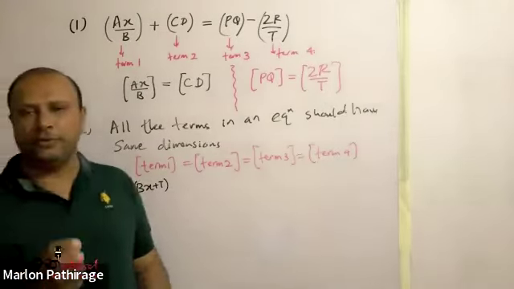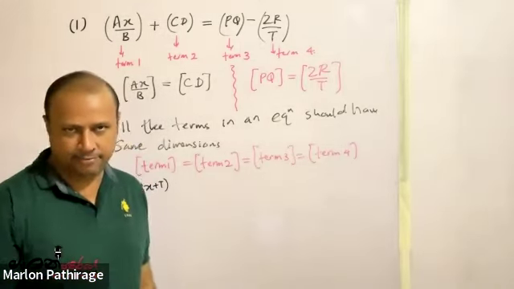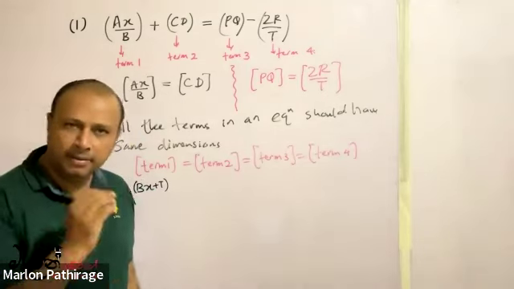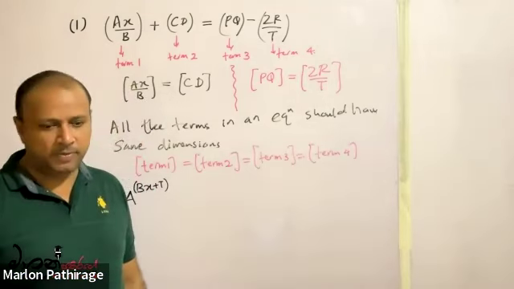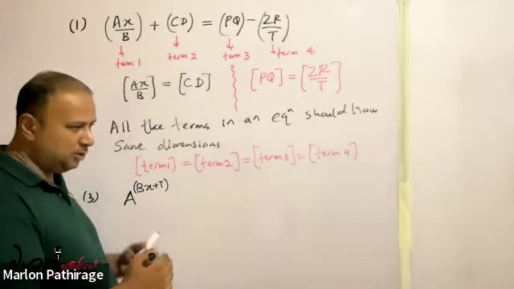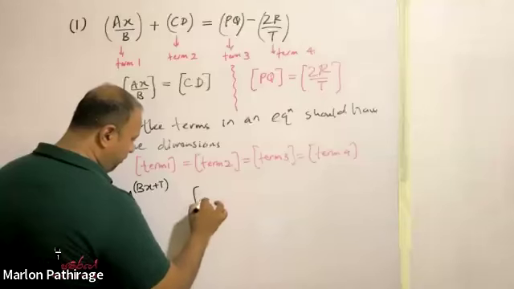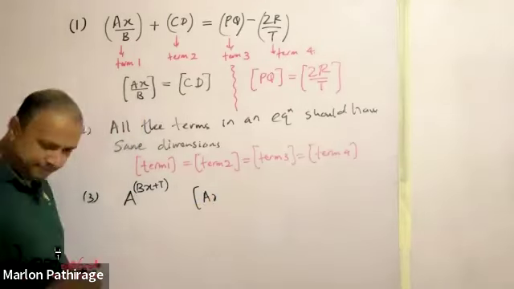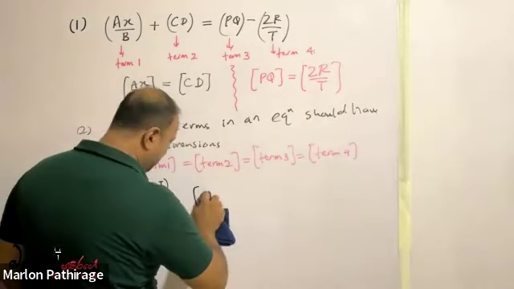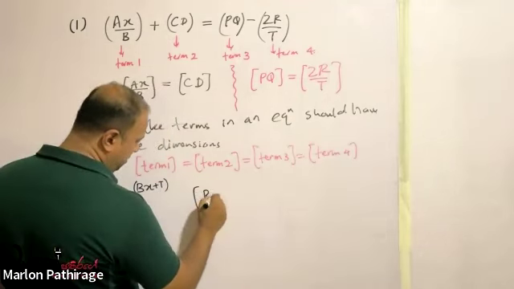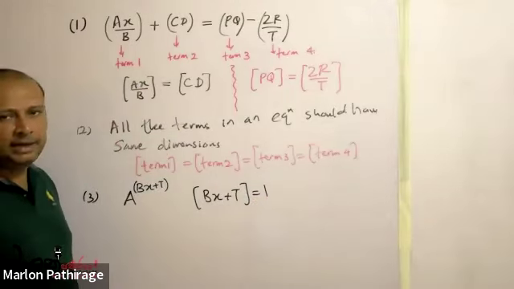Therefore, if there's an index, it is a number. Index is a number. Therefore, index has no dimension. Mathematically, no dimension can be written as 1. Therefore, the dimension of the index, here the index is bx plus t, is 1. 1 means it doesn't have dimension.